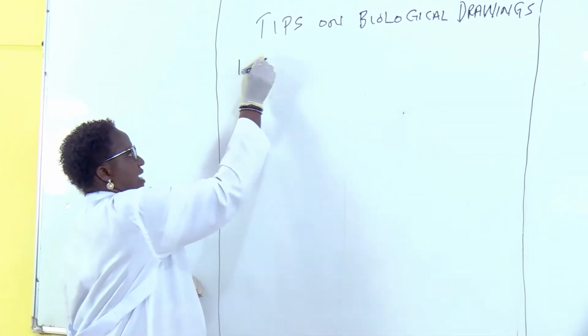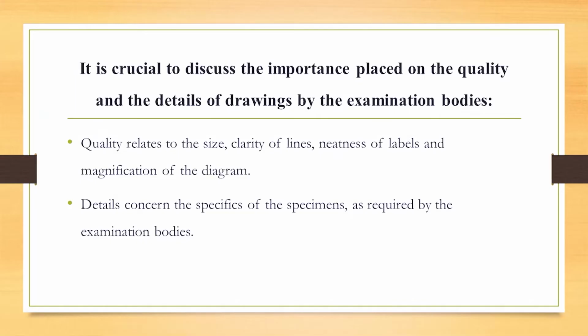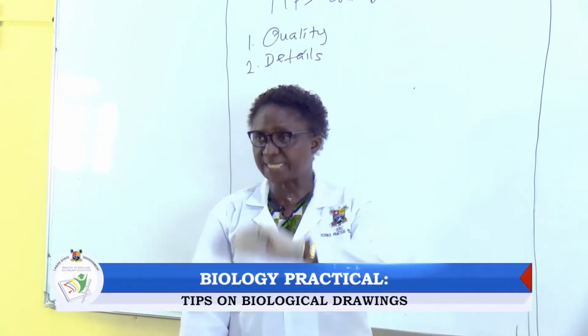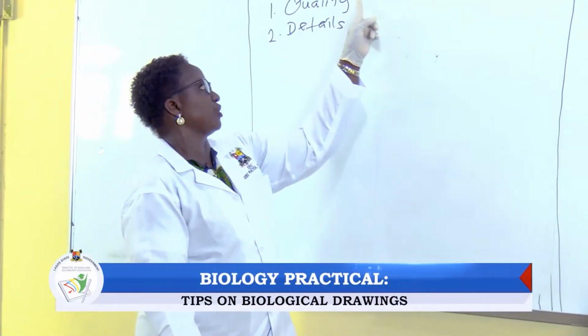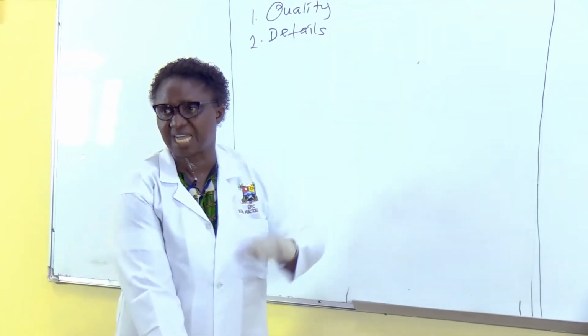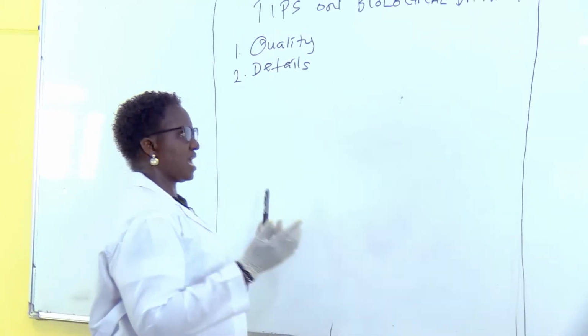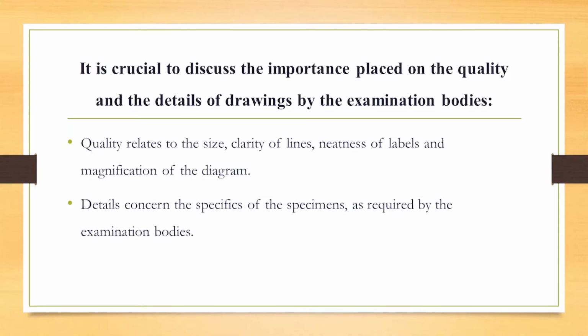The first one, I'll call it quality. And the second one is details. For all biological questions or class session, once drawing is required, there's a need for you to understand what quality stands for and details. Let's start with quality. Under quality, the following are of importance. The first one, title. Number 2, the size.